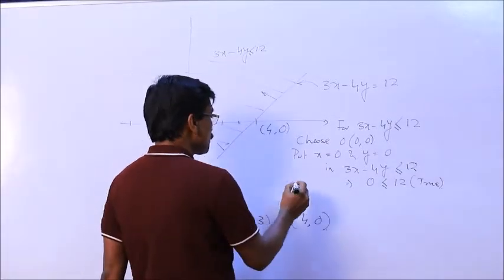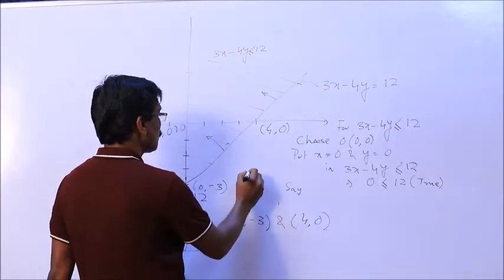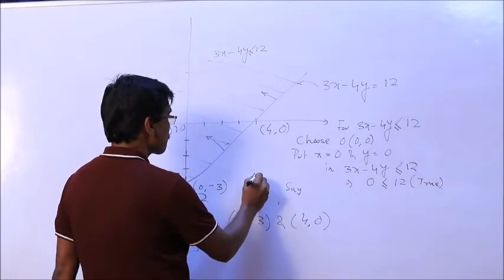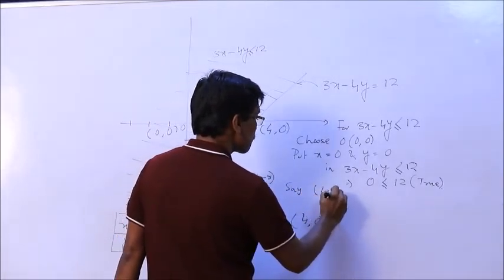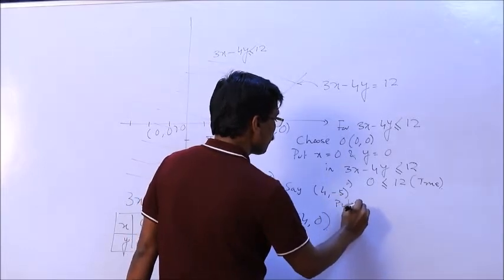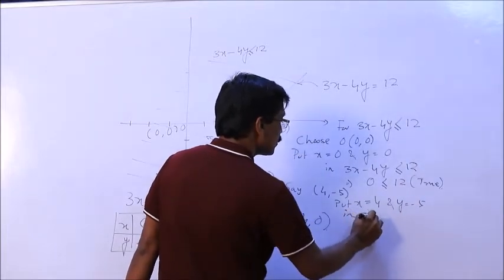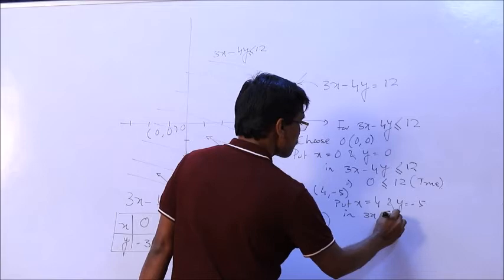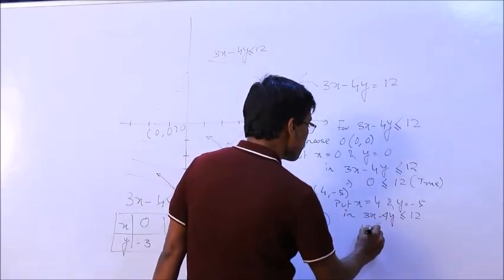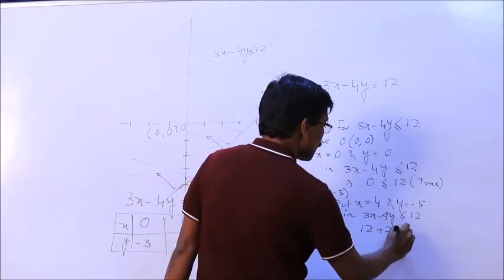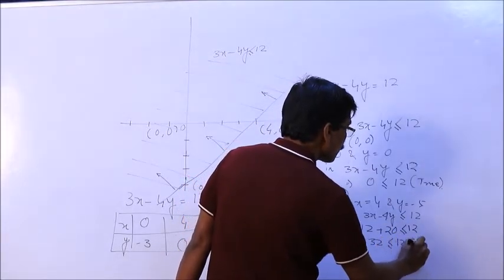And if we choose another point, say (4, minus 5), and put x is equal to 4 and y is equal to minus 5 in 3x minus 4y less than or equal to 12, we have 12 plus 20 less than or equal to 12, obviously 32 less than or equal to 12, it is false.